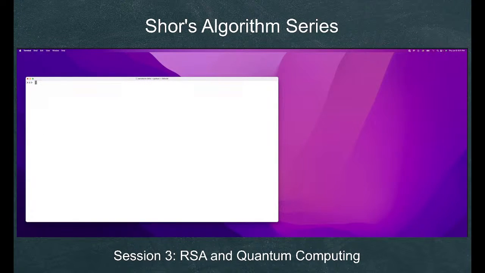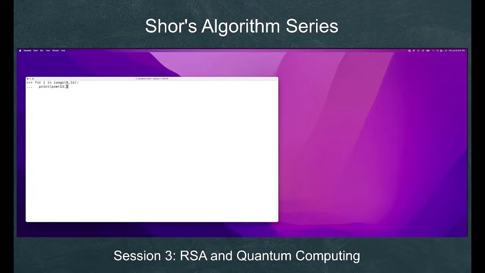Because I don't have a quantum computer here, I will just do a for loop: for i in range, all numbers between 0 and 16. What I want to do is compute the modular exponentiation, the power of, let us say, the number 13, which is our ciphertext.